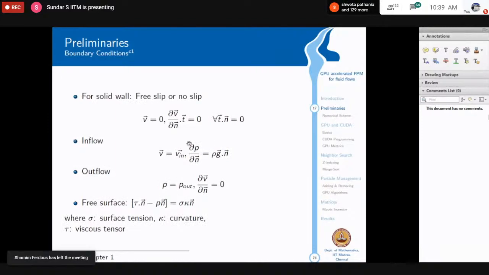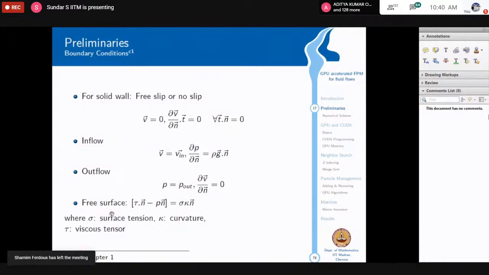Now, for all the problems we can use mixed types of conditions. On a solid wall, we use a free slip or no slip condition for the velocity, which is V equal to 0, and del V by del N dot T equal to 0, where N is the unit outward normal direction and T is a tangential direction, so T dot N equal to 0. Inflow boundary conditions: V equal to V in, and for the pressure, del P by del N, the directional derivative along the normal direction, equals rho G dot N. Outflow boundary condition: P equal to P out, whereas del V by del N equal to 0.